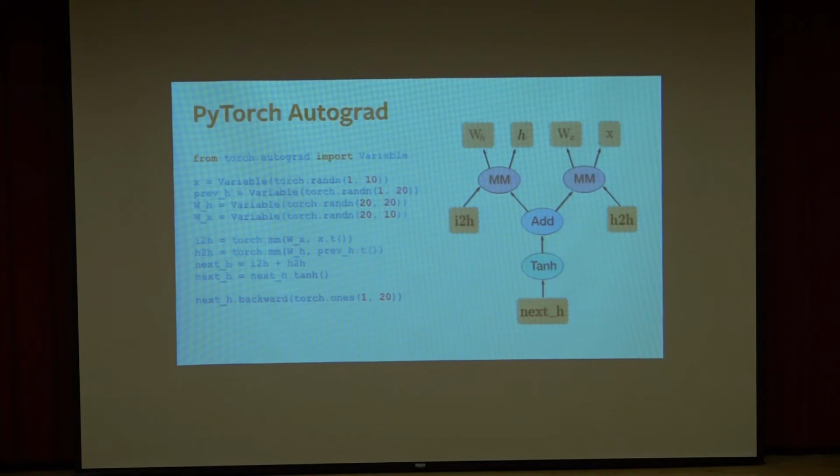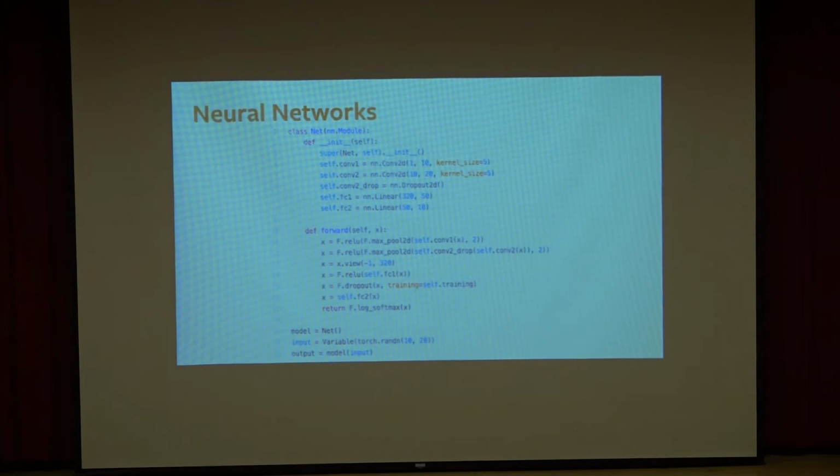So if you want to build neural networks, we actually just add a small abstraction on top of this powerful autograd engine, which I will explain by example. Here's a small convolutional neural network that is implemented in PyTorch.